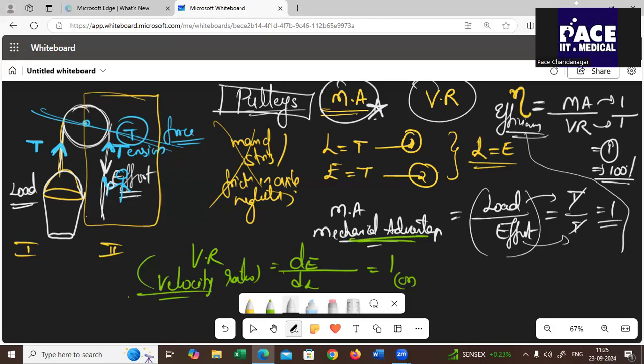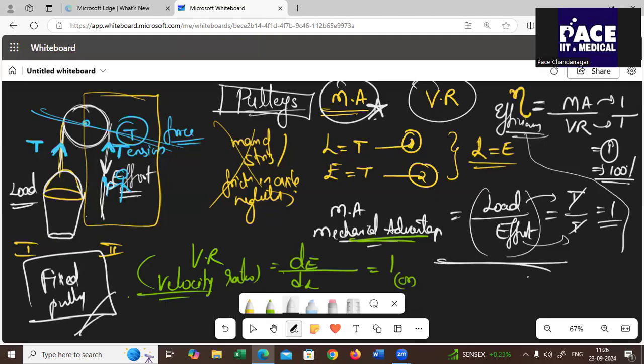So now this is your fixed pulley, right? This is your fixed pulley. Now the next type coming up is your movable pulley. Before going to the movable pulley, I want to clarify one thing again. Mechanical advantage is load by effort. Please write it down clearly. Mechanical advantage is load by effort.